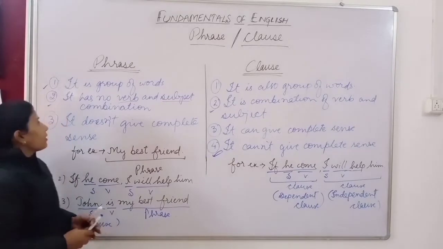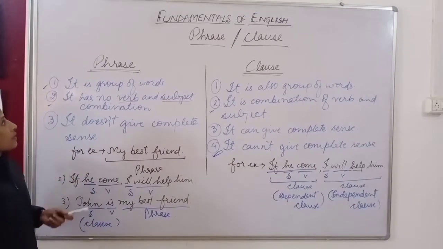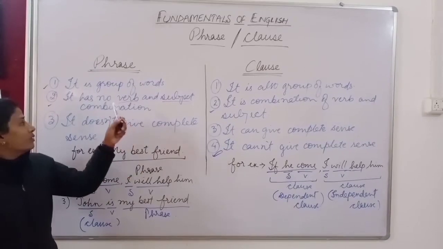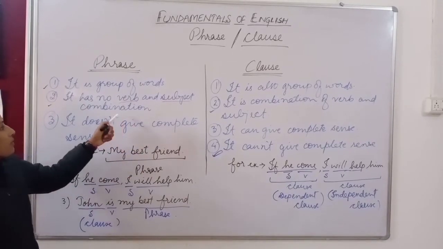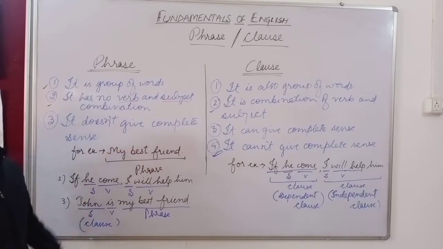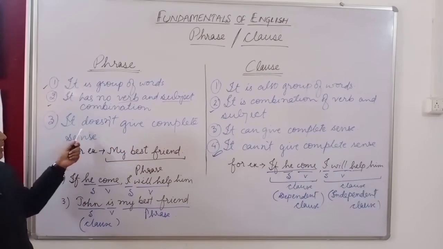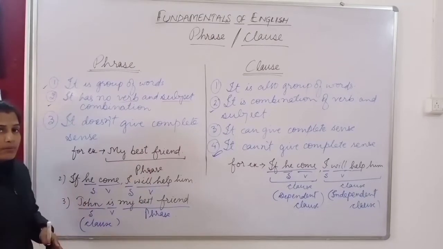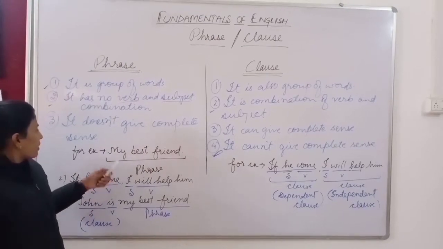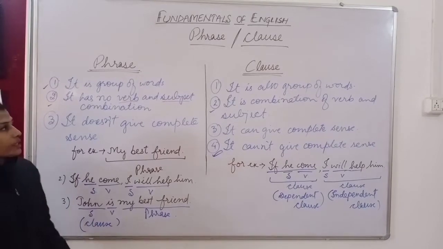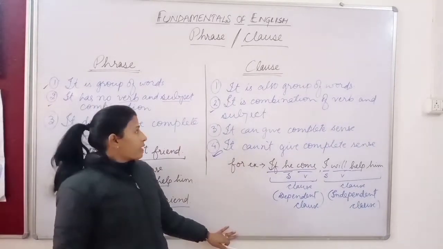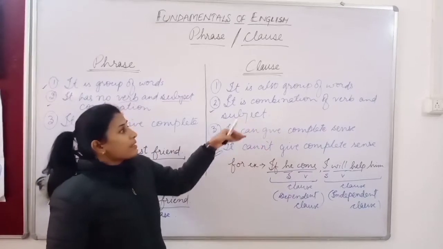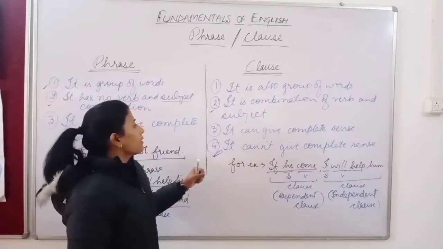So what we learn in this: first, a phrase is a group of words. It has no verb and subject combination. Third, it doesn't give complete sense. It is only a group of words. It cannot give us any sense. Whereas a clause is also a group of words and it is a combination of verb and subject.